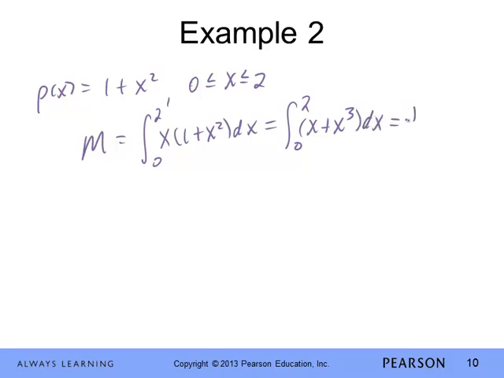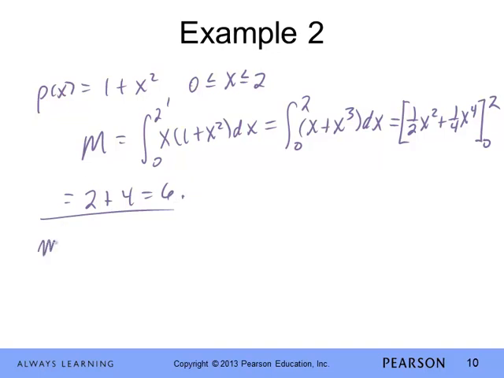So that'll give you 1/2 x squared plus 1/4 x to the 4th power, evaluated from 0 to 2. Plug in 2 for x. You got 1/2 times 4, which is 2, plus 2 to the 4th power, which is 16, divided by 4 is 4, so you end up with 6. So 6 is the moment.